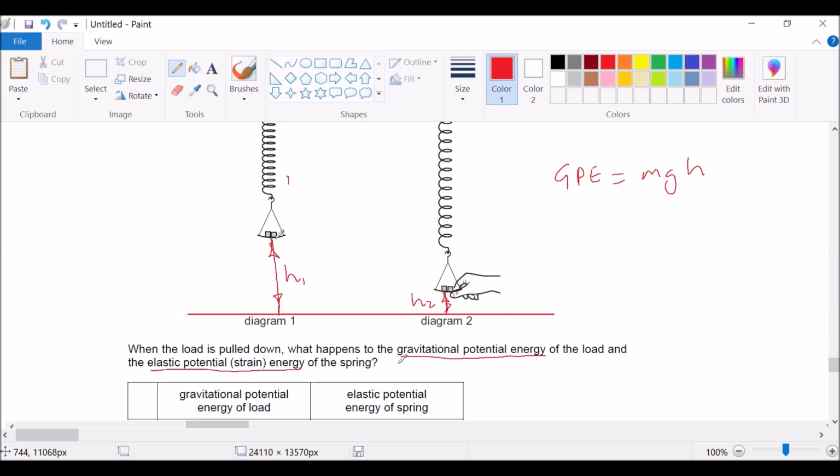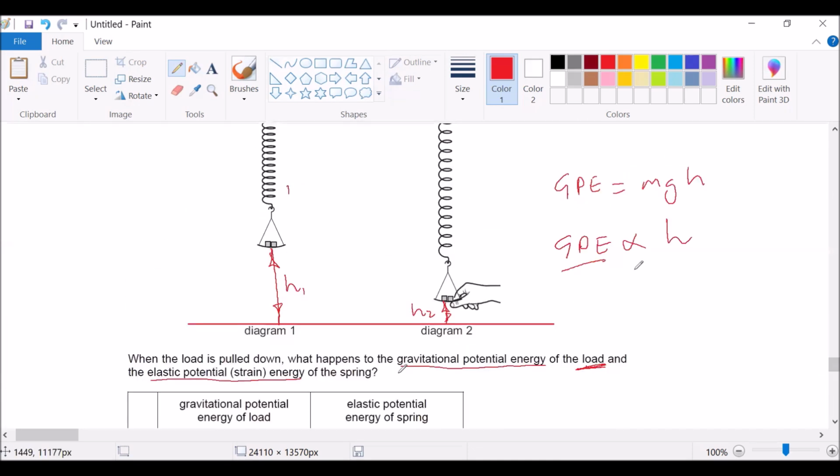By pulling this load down, we have reduced the height above ground, and so reduced the gravitational potential energy of the load, since the gravitational potential energy is directly proportional to the height.